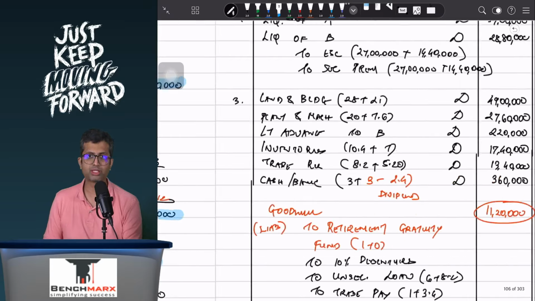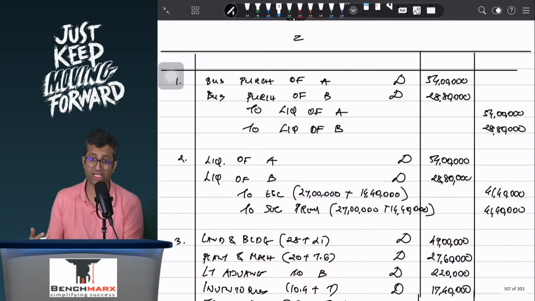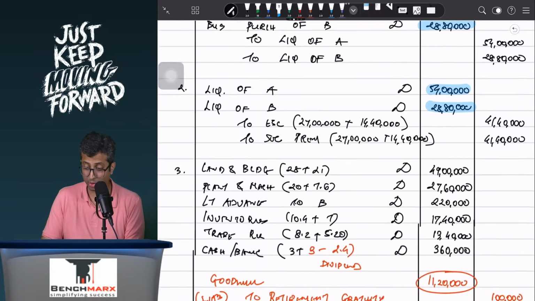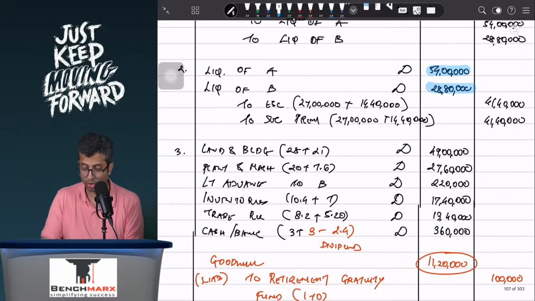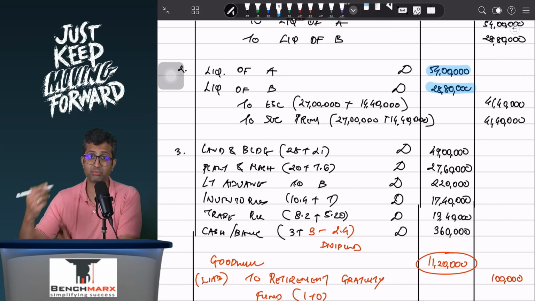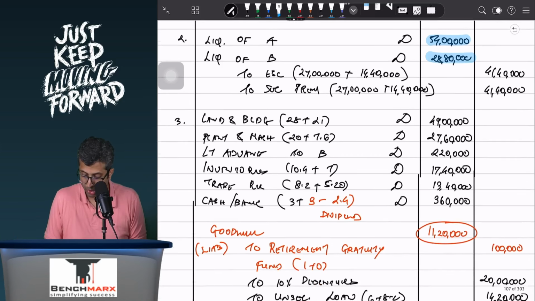Now when you pass the journal entry, you will first pass the journal entry for A and B. Let's say you combine: business purchase of A account debit 54 lakhs, business purchase of B. Then you will pay the liquidator of A, to share capital, to securities premium, and then you will take over all assets and liabilities. Book value and fair value seem to be the same, but there's a contingent liability of 2 lakhs which you will separately add.